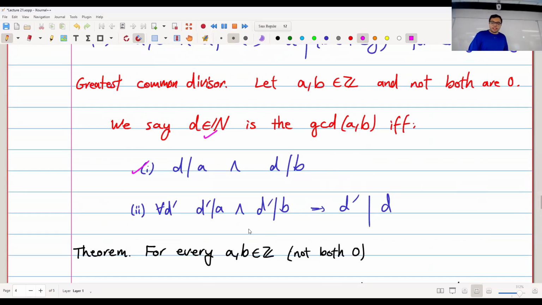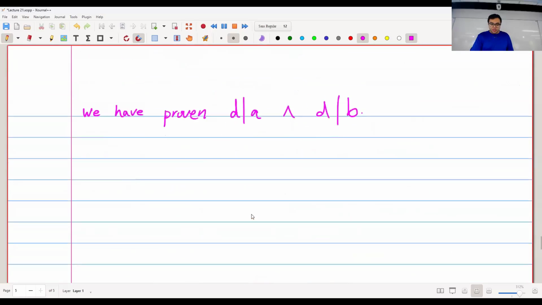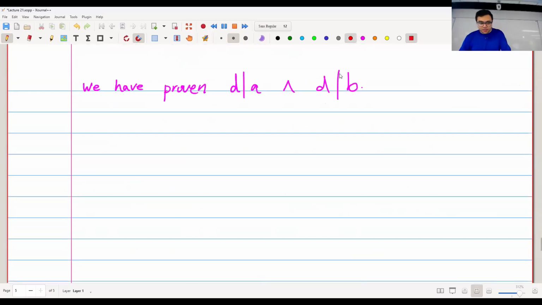We just have to prove that if I have any other number that is a divisor of A and a divisor of B, then it's also a divisor of D. Okay. So here's the thing. Suppose that I have some D prime, and this D prime is a divisor of A, and it's also a divisor of B.